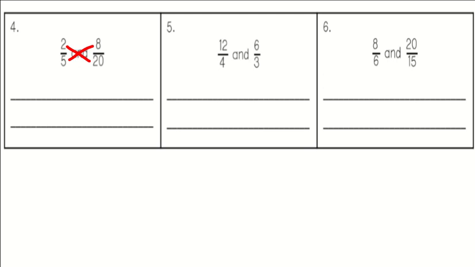What's 2 times 20? 40. What's 5 times 8? So are those equivalent? Yeah, we got the same thing. So the number 4 there would be a yes. And in this case, it's asking what you multiply by to go from the left to the right. So to go from left to right, we're multiplying by 4.